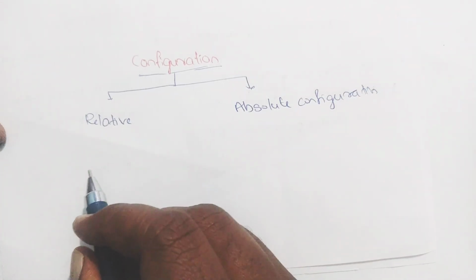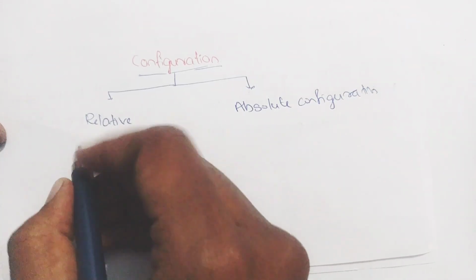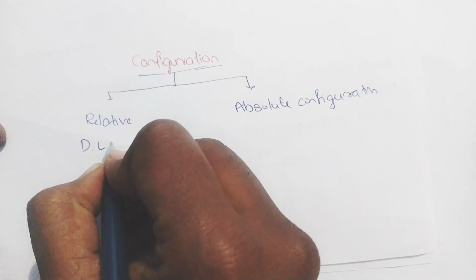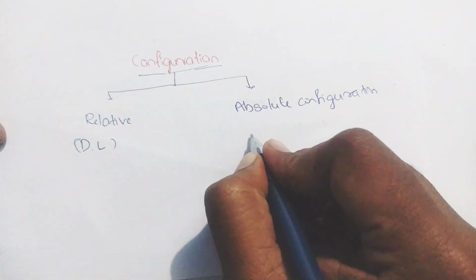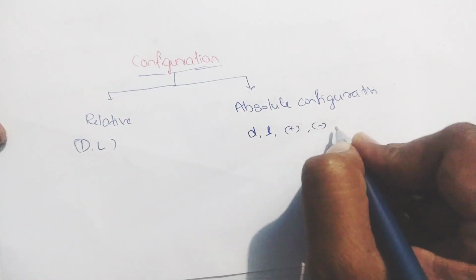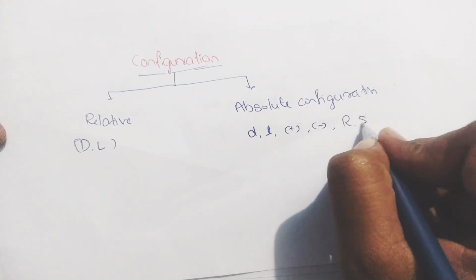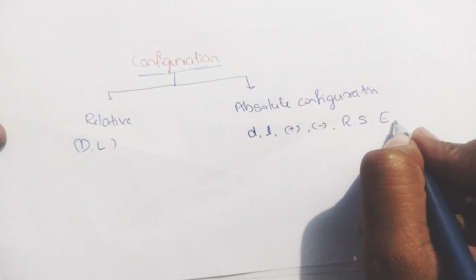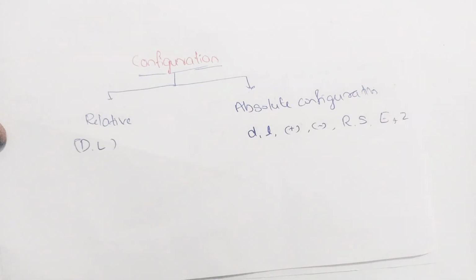What is the relative configuration? D and L are the relative configurations. Small d, small l, plus, minus, R, S, E and Z are the absolute configurations.